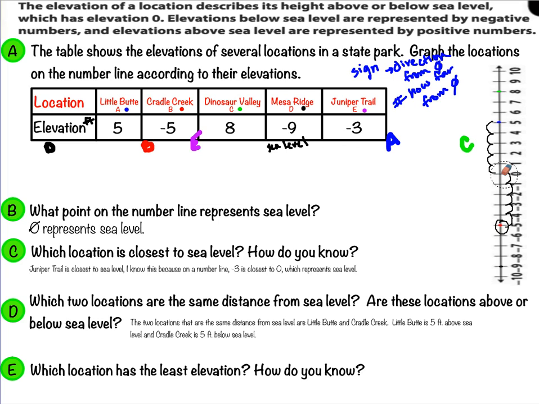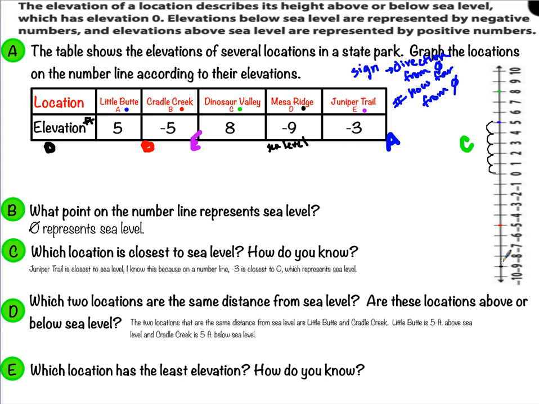Oops, shouldn't have erased my dot there. My lowest elevation on the number line actually ends up being that 9. Let me try to erase these here. There we go. So here the lowest is this 9, this negative 9.